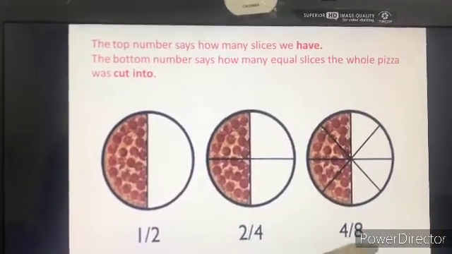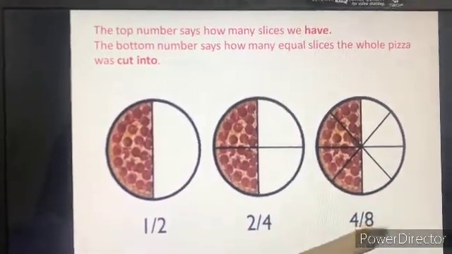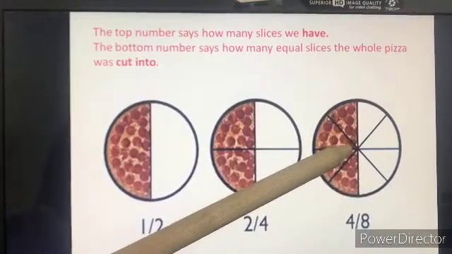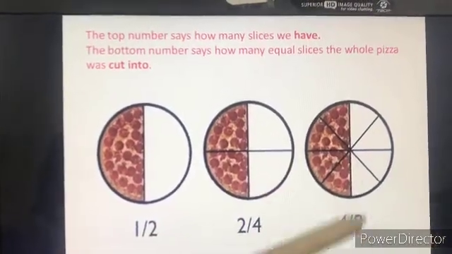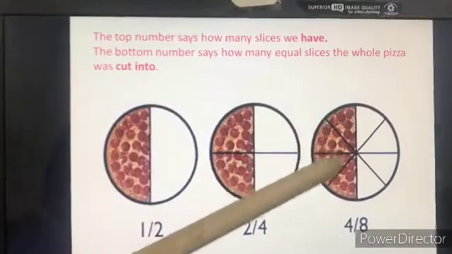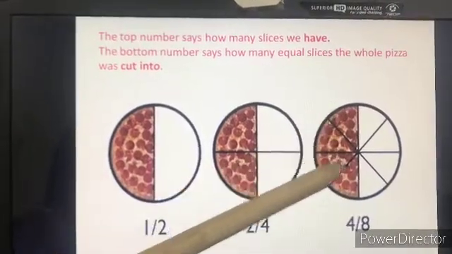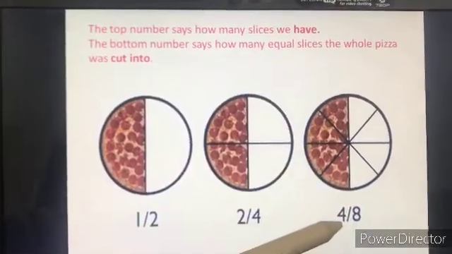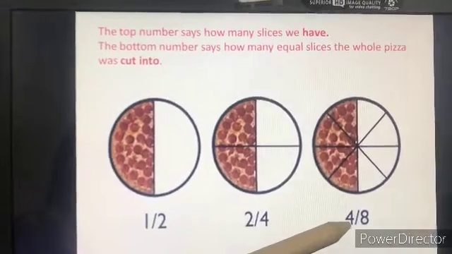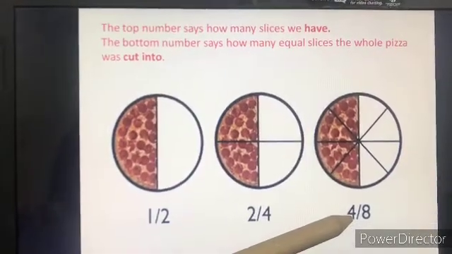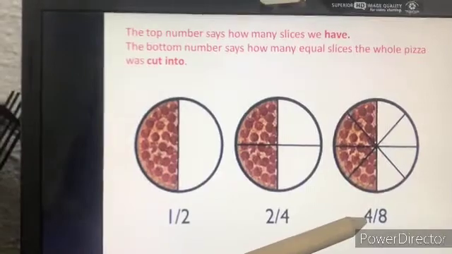So you will say the denominator was 8 because the total number of slices was 8. And because 4 slices are still left, excellent, that will be the numerator.